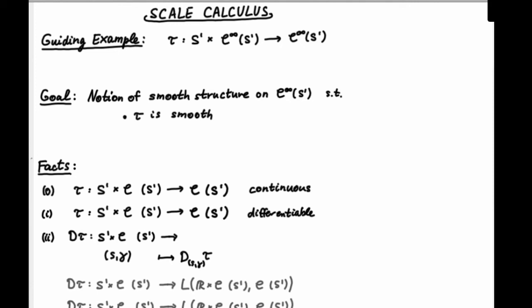All right. So now, scale calculus you can just define as the calculus in which the reparametrization map is smooth, and yet the rest of calculus still holds.